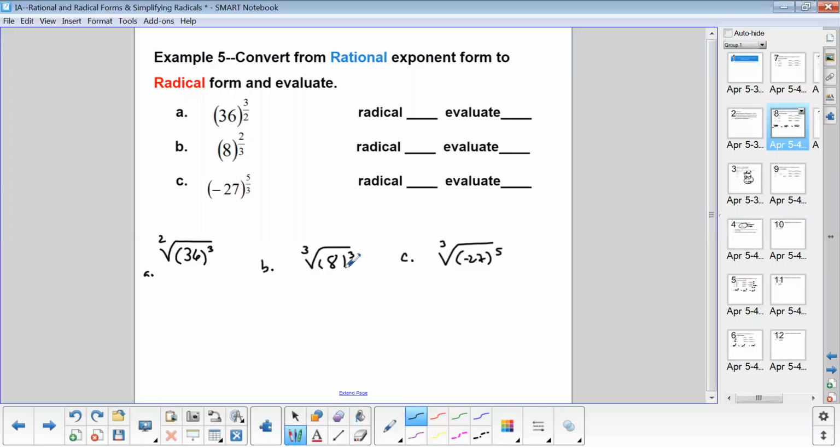And then we'll look at one more. We'll look at 8 to the 2/3 power, and let's make sure that that's written correctly with a power of 2.